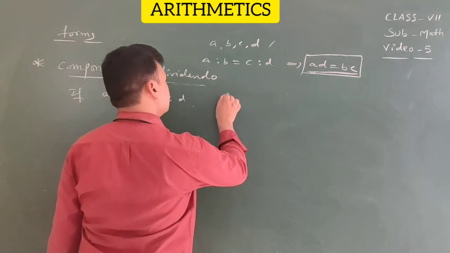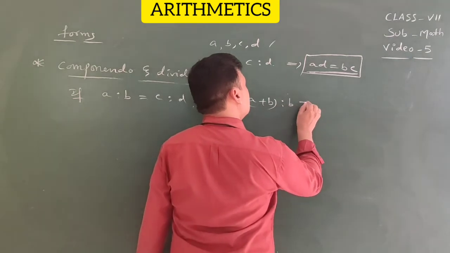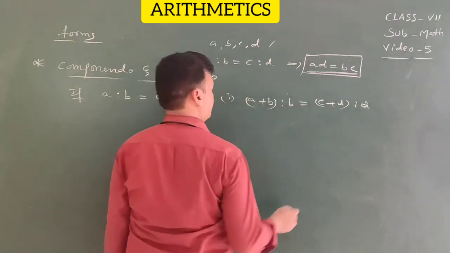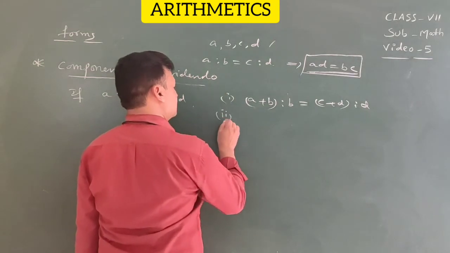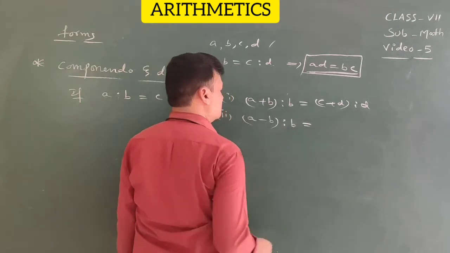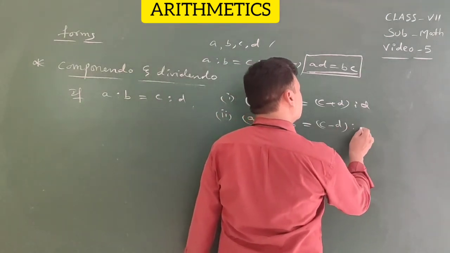The first one is A plus B is to B equal to C plus D is to D. And the second change, A minus B is to B equal to C minus D is to D.